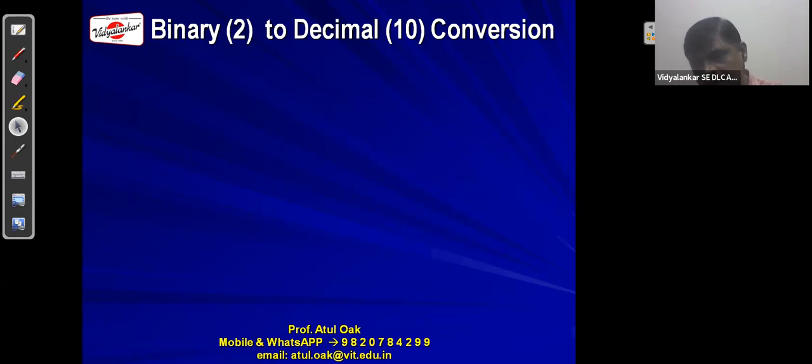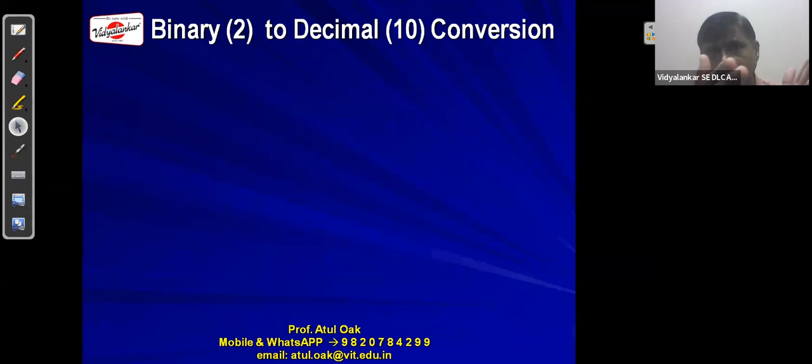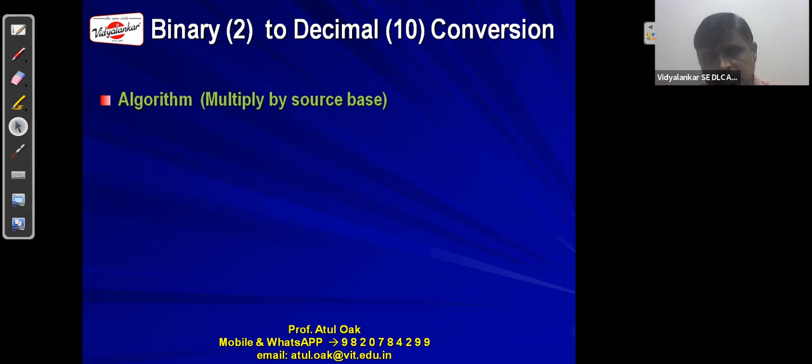Now the question is how we do translation from binary to decimal. The opposite. Machine talks binary and you want to deliver it to the human. This particular translation is from human to machine. Now let's think about machine to human, and for that the algorithm is a simple multiplication.